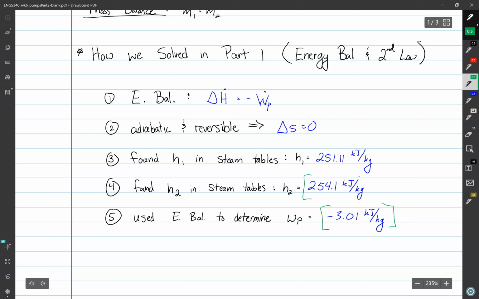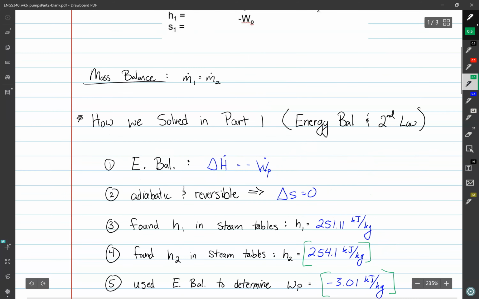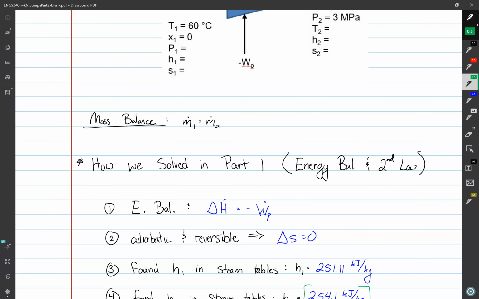And we have an enthalpy of 254.14 instead of 254.1. So we get essentially the exact same answer both ways, because this assumption of incompressibility is a really good assumption for most liquid cases. So often we can use either of these methods interchangeably. They both get us to the same answer.